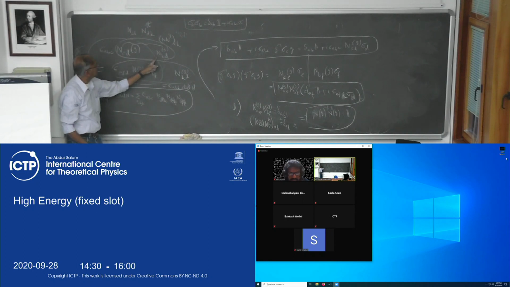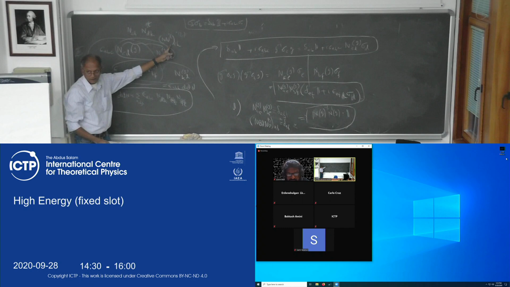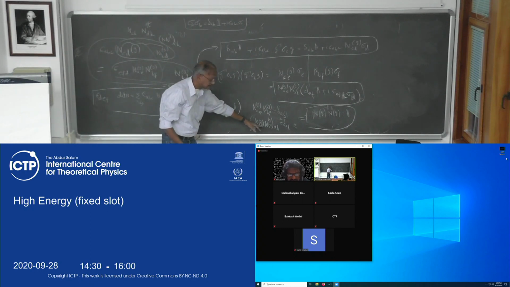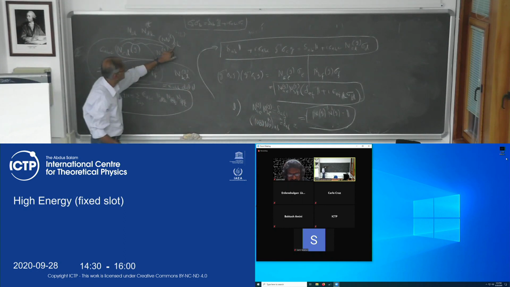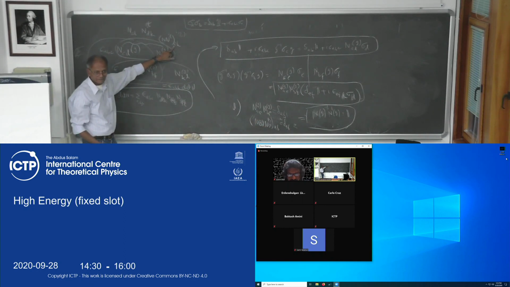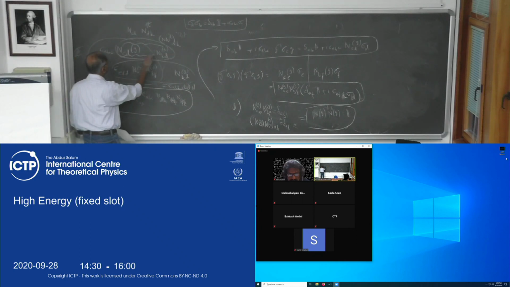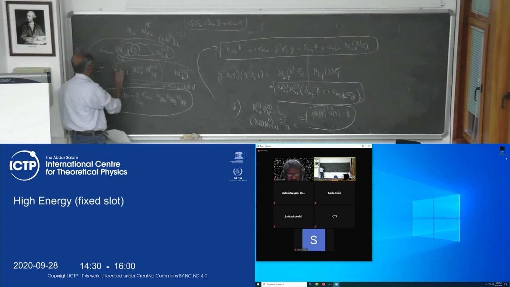And now when I sum over D, that is nothing else but the matrix multiplication of N with N transpose. After a matrix multiplication, it will give you the element CK. But we've already shown that N N transpose is identity. Okay? So this whole thing, therefore, is simply delta CK.